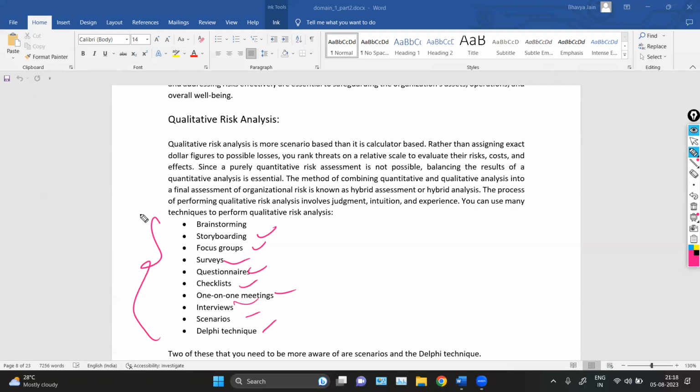You can call the members or the managers of each and every department to share their ideas on the qualitative risk analysis. They can tell you about the risks they are facing in their departments, because they are experts in their departments. You are not an expert in every department, and security professionals are not experts in every department, right? So you need insights, perspectives, and methodologies from different departments.